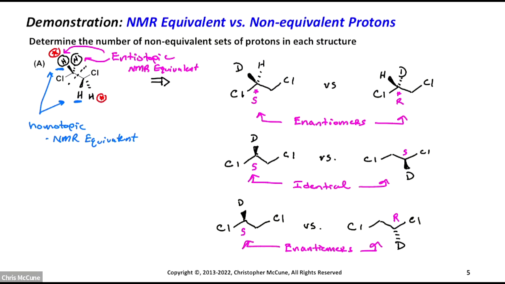So you can then say that these with the asterisk are enantiotopic, and they're NMR equivalent. Let me show you if you do this. Let's put these into an eclipsed conformation for the last case.